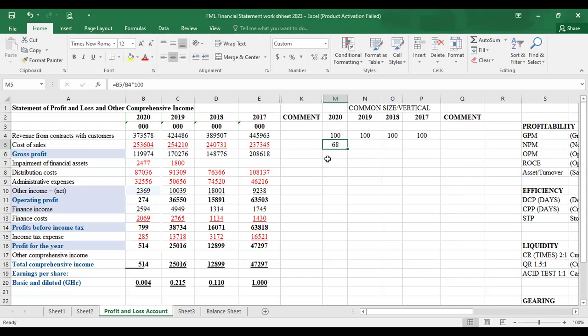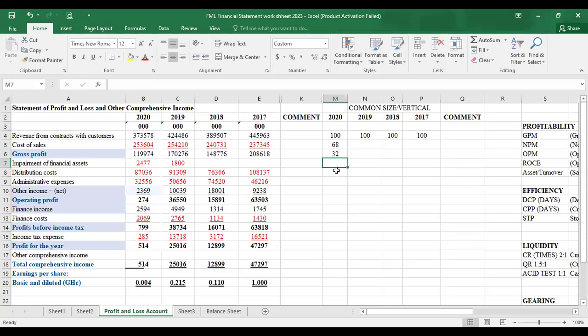For the gross profit, what figure would we pick? That would be 119,974, divided by the revenue, then we multiply it by 100.